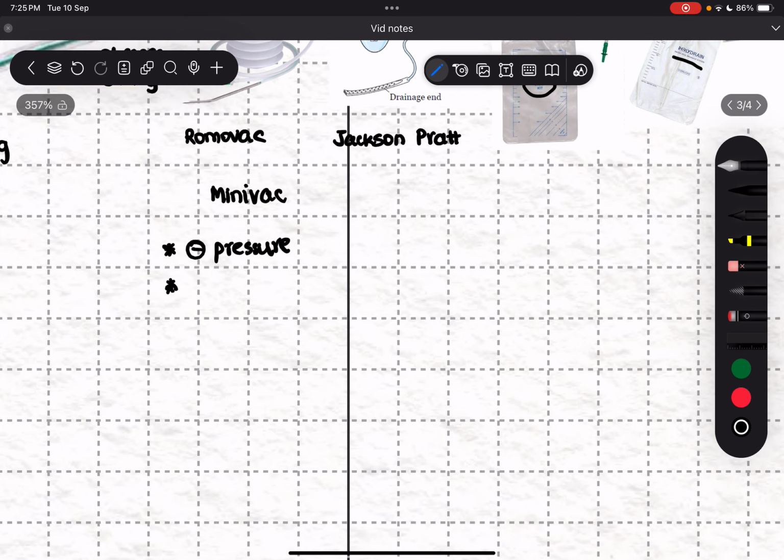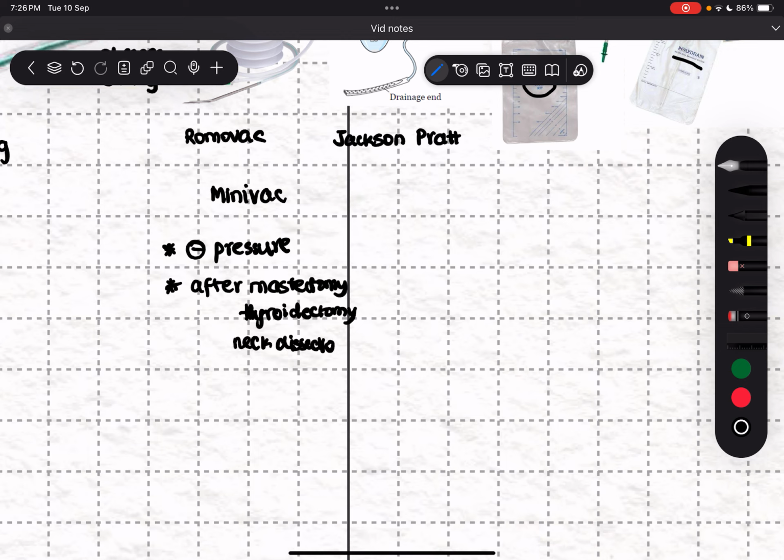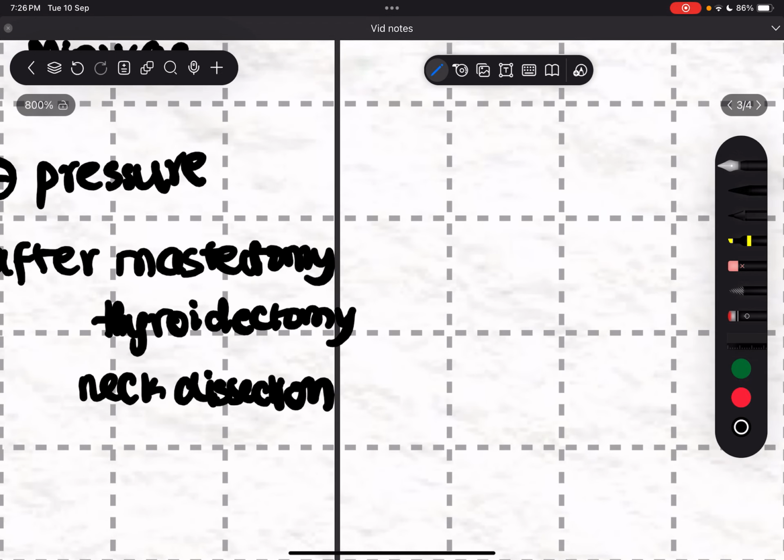Used after mastectomy, thyroidectomy, neck dissection. And in mastectomy, there is one thing to be noted.